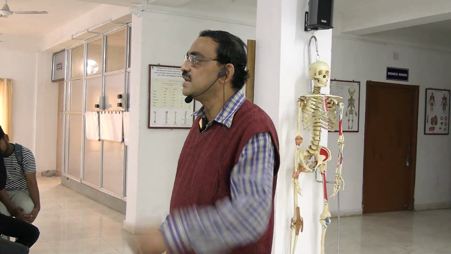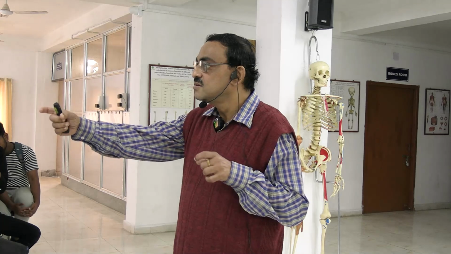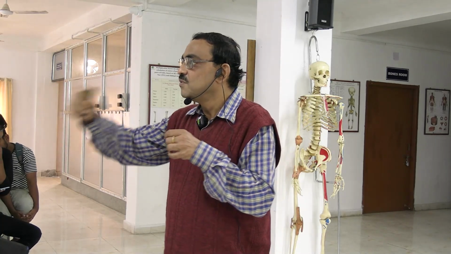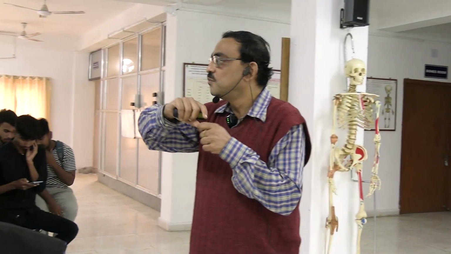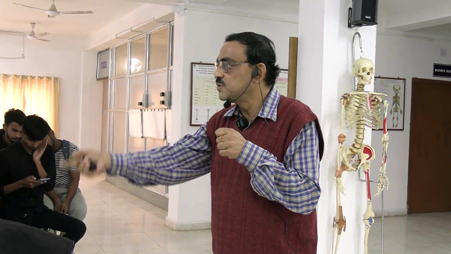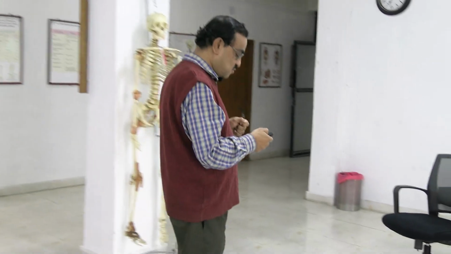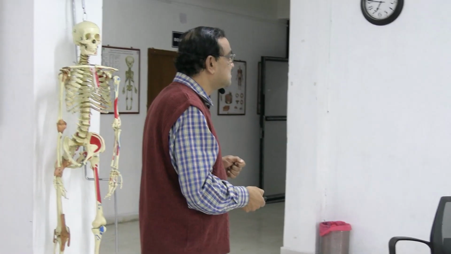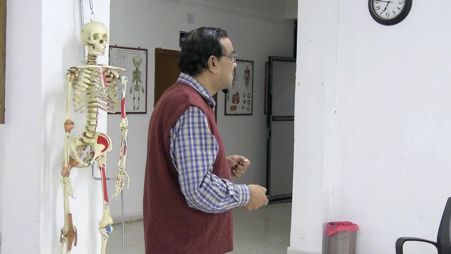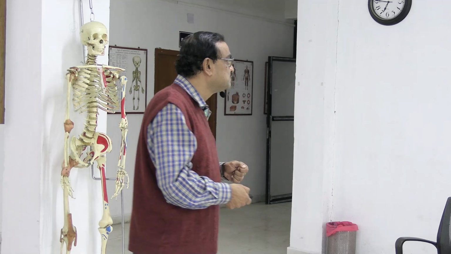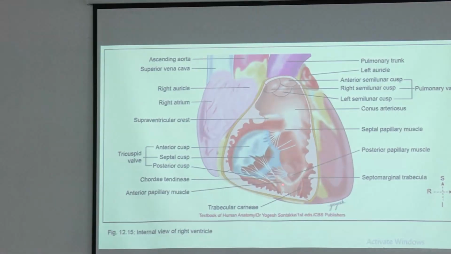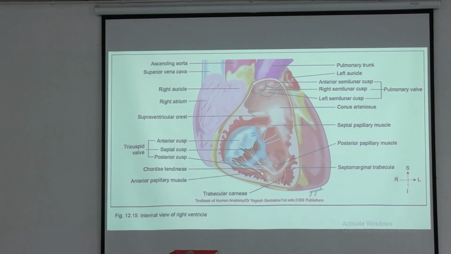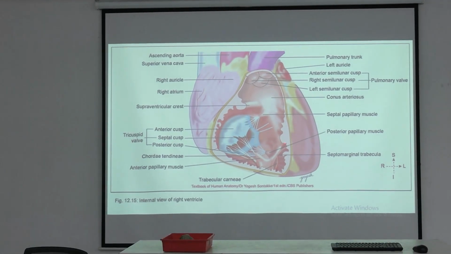Ridges mean fixed elevations. Bridges mean there is one elevation, another elevation, and something connecting in between. And there are some pillars. We can see one pillar arising from the anterior wall, which is called the anterior papillary muscle.